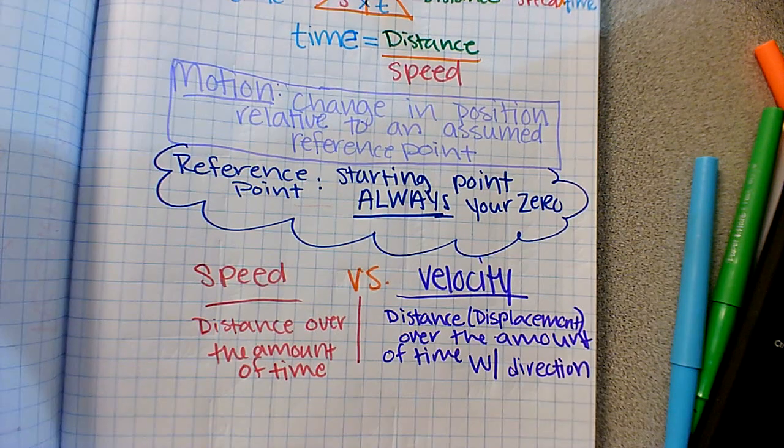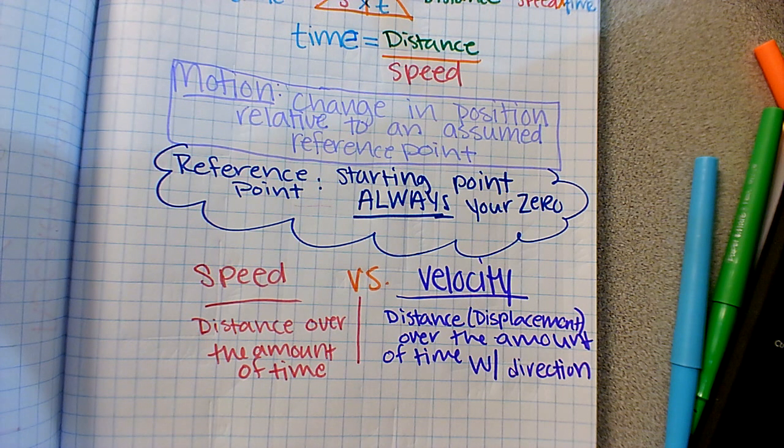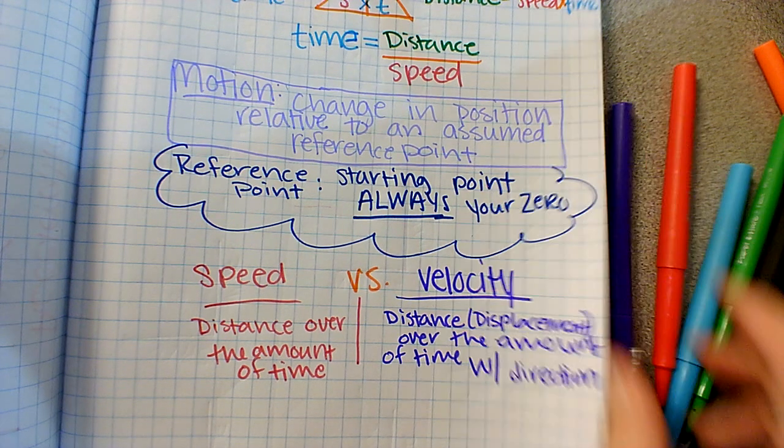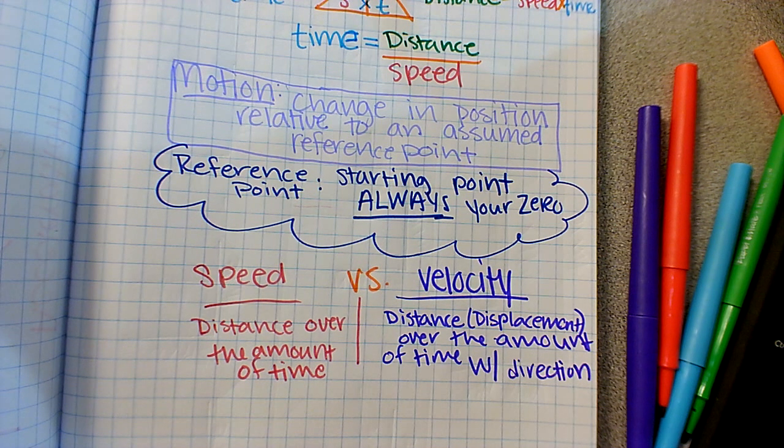Okay? So it's super important that you understand that that is also important, right? So there are a couple other things that we need to talk about. And we will talk about those.